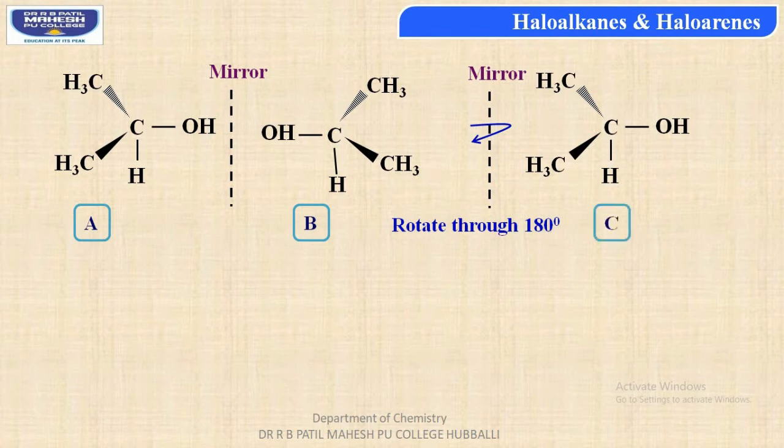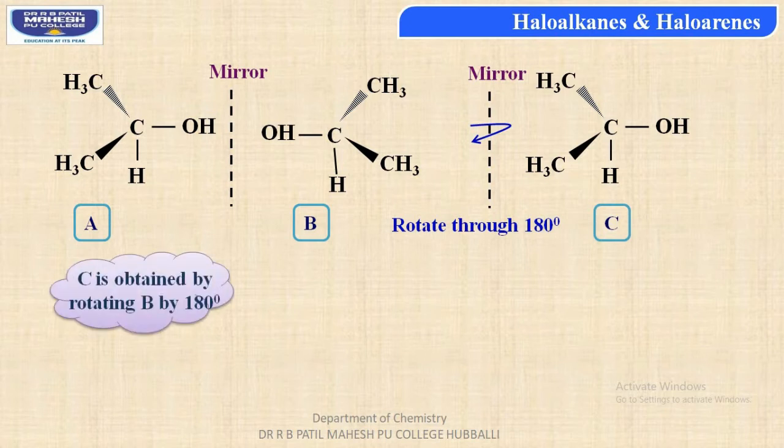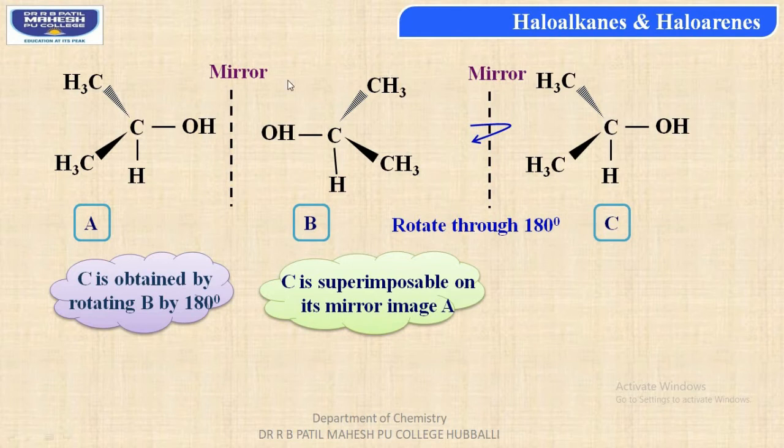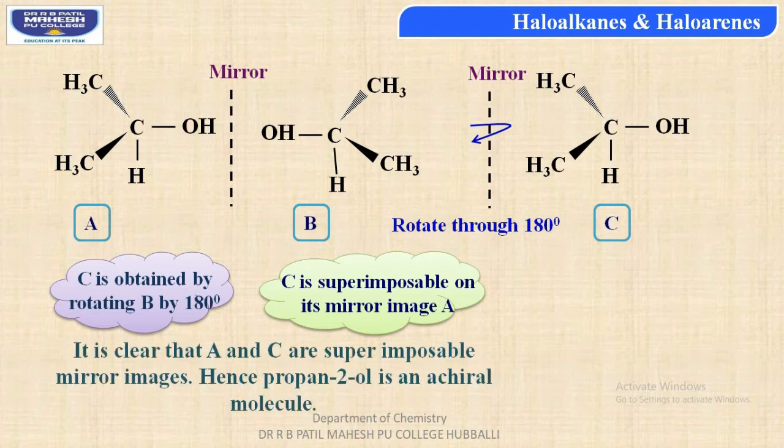Thus, we can conclude that structure C is obtained by rotating structure B by 180 degrees. Further, structure C is superimposable on its mirror image, structure A. Thus, students, it is clear that the A and C structures of propan-2-ol are superimposable mirror images, and hence propan-2-ol is an achiral molecule.